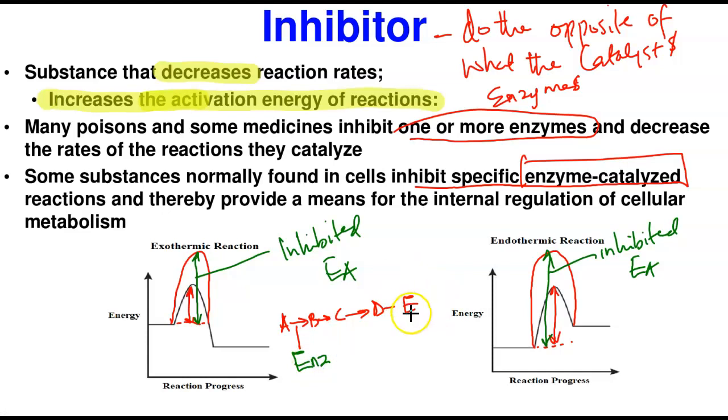What happens is that when there is too much of E in the body, what does it do? This E will come and tell this enzyme, okay, stop action. So it will be a source of inhibition for this enzyme, so that it will stop making the product that will lead to the making of E, because it is in excess.